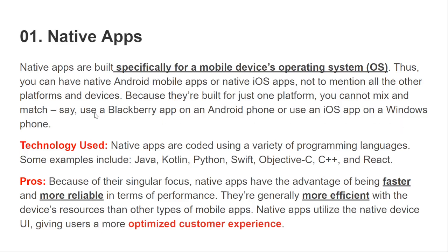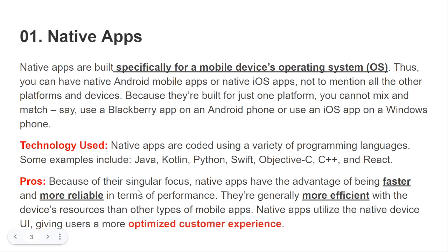This is not recommended. For the technology used in development, native apps are coded using a variety of programming languages like Java, Kotlin, Python, Swift, Objective C, C++, and React.